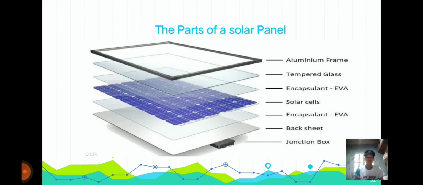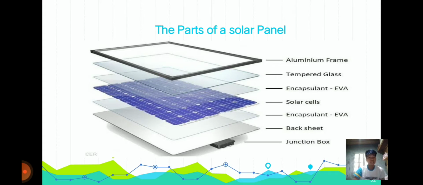The backsheet material is made of various polymers or plastics, including PP, PET, and PVF, which offer different levels of protection, thermal stability, and long-term UV resistance. The backsheet layer is typically white in color, but it is also available in clear or black depending on the manufacturer and module.